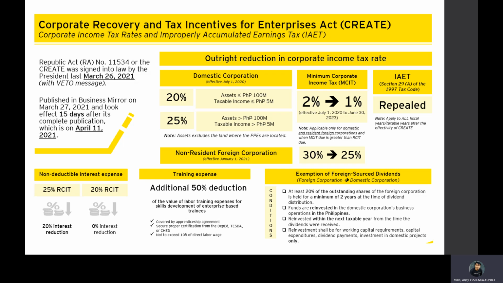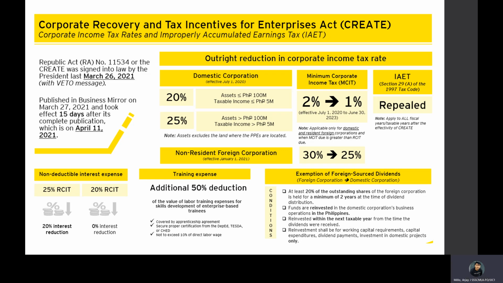Ano pa yung major changes ng CREATE? So aside from the regular corporate tax rate for domestic corporation, binawasan din natin yung minimum corporate income tax rate. So from the 2% prior CREATE, binabaan natin to 1%. So applicable lang siya for domestic and resident foreign corporation and when MCT is due is greater than RCT.